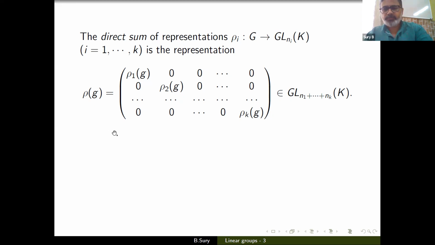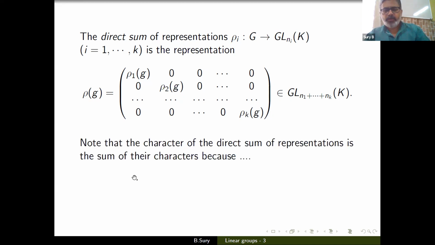This is the matrix rho of G. So given some representations, you can always make the direct sum. The character of the direct sum is the sum of the characters. Just check: since these are blocks, the trace adds up. The trace of rho of G will be the diagonal entries, so you are adding the diagonals of rho 1 G, then rho 2 G, etc. So the character of the direct sum is the sum of the characters.